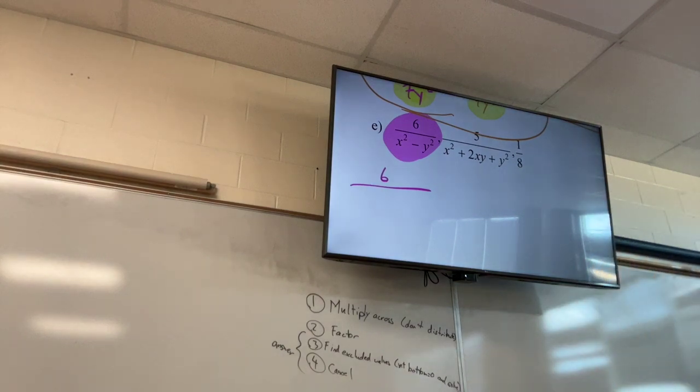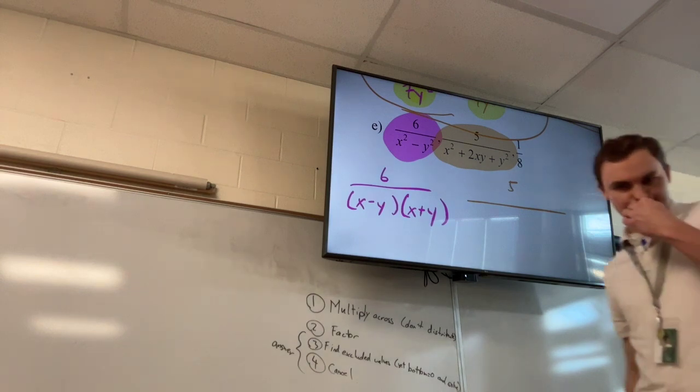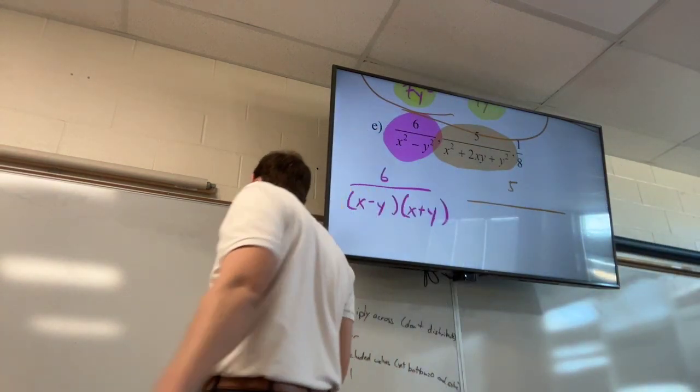What does that factor to then? Yeah, so x minus y times x plus y. Okay. That middle fraction. The 5 doesn't factor. What does the bottom factor to? I don't know if we talked too much about this one.